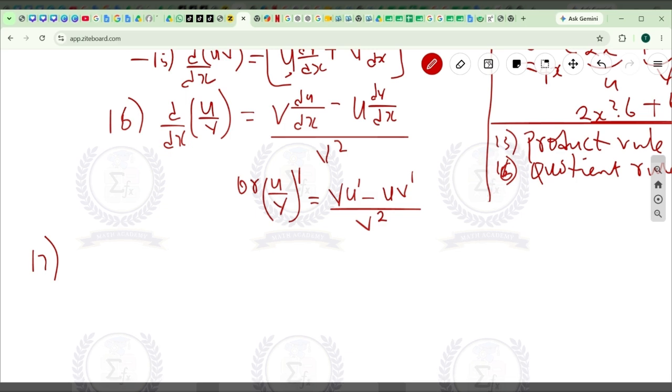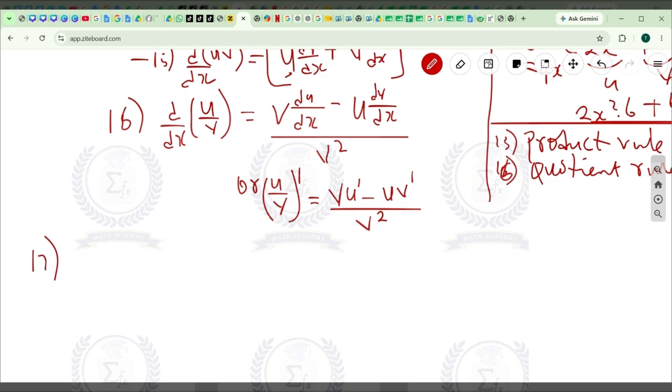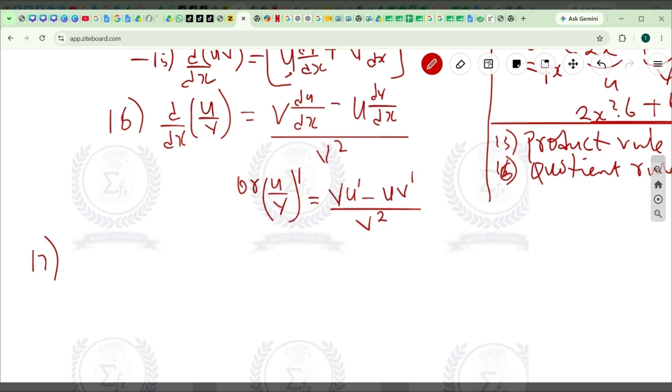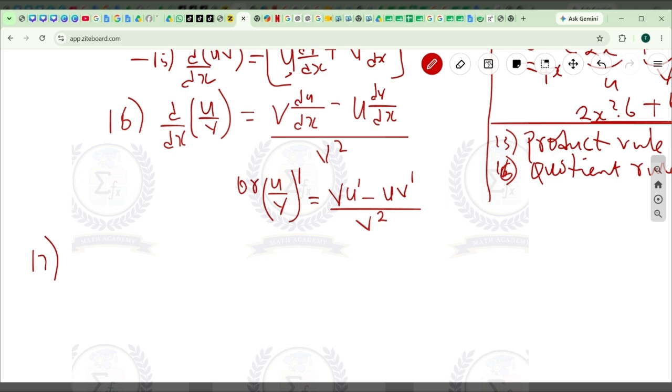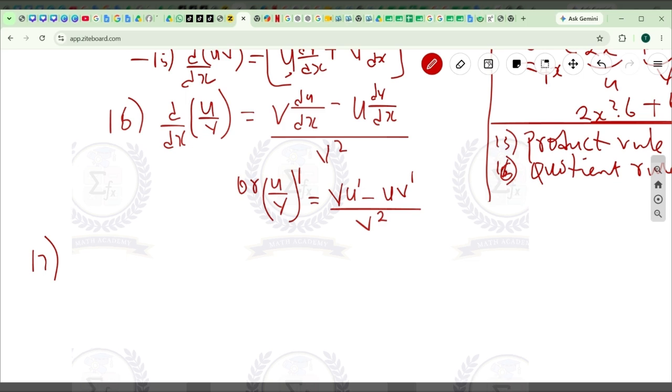Search for questions that will help you use the quotient rule, the product rule, or questions that involve logarithmic functions. Solve those examples. That way you become a master at it.